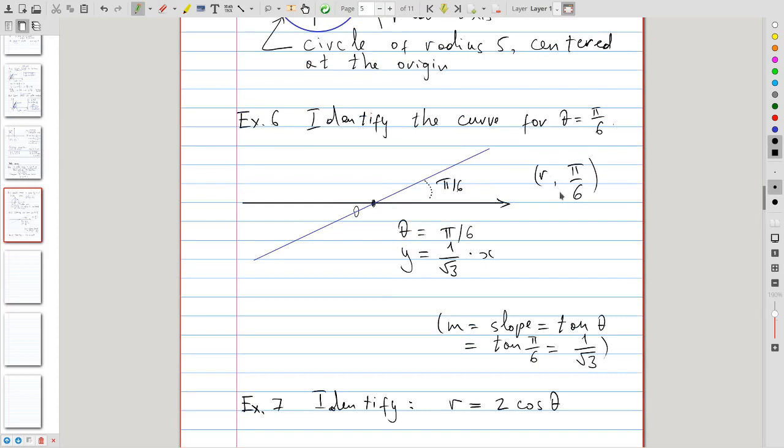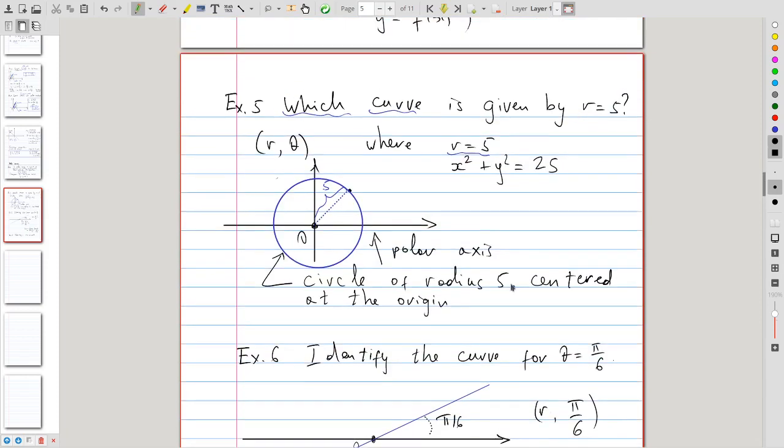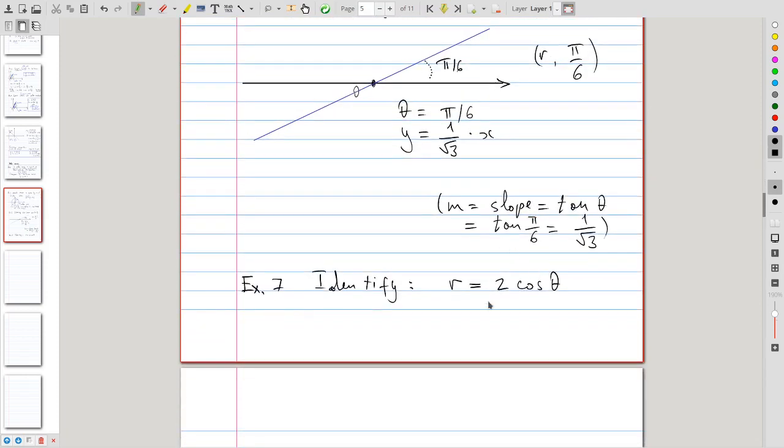So here we can in fact restrict theta here, or for any of the previous curves. We do not need to allow theta to vary on the entire real line.